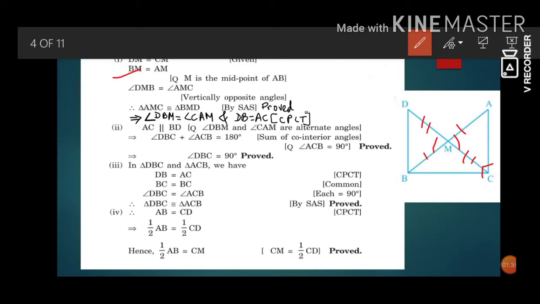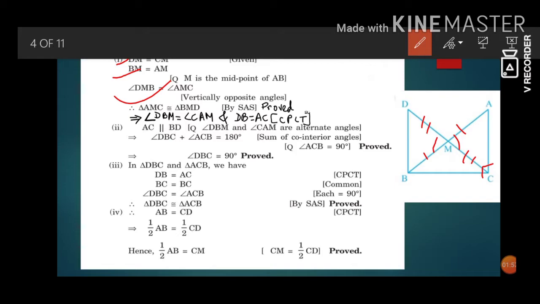Again DM is equal to CM, that is given in the question, and angles DMB and AMC are vertically opposite. So we can say that the triangles are congruent by the side angle side congruency rule, and that is what we needed to prove in our first part.